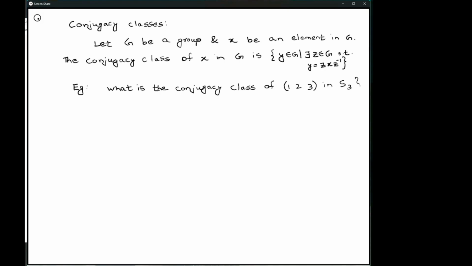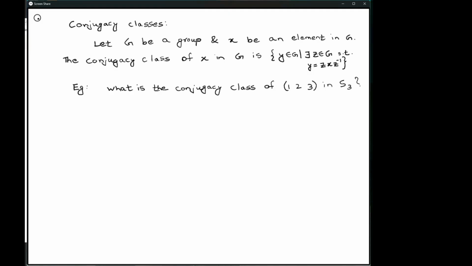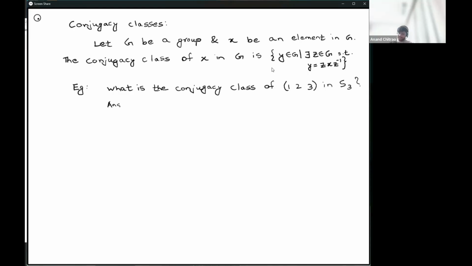I want a subset. The answer: the subset is (1 2 3) and (1 3 2).